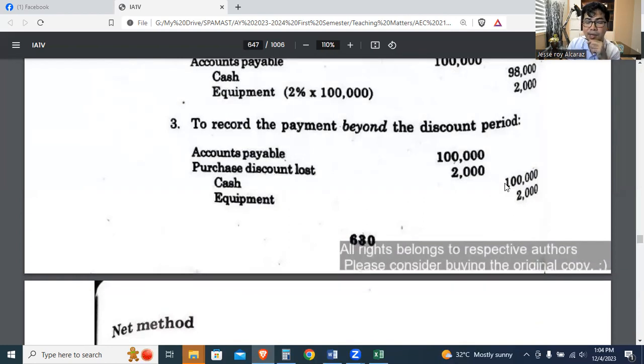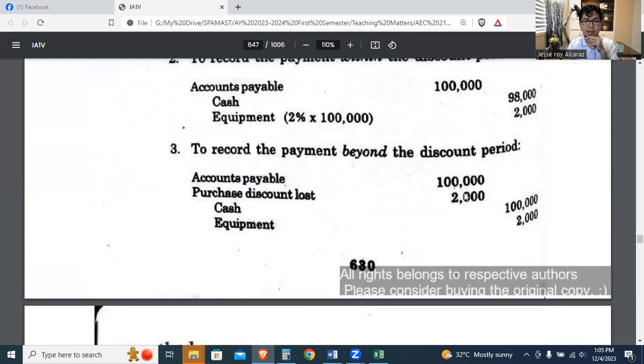But since in our receivables, supposedly there is no 2,000, no? In receivables. However, there is a little bit of difference between receivables and property, plant, and equipment, wherein the 2,000 pesos that we did not avail is treated as purchase discount loss. Okay, so we lost because there is a discount supposedly but we did not avail it.